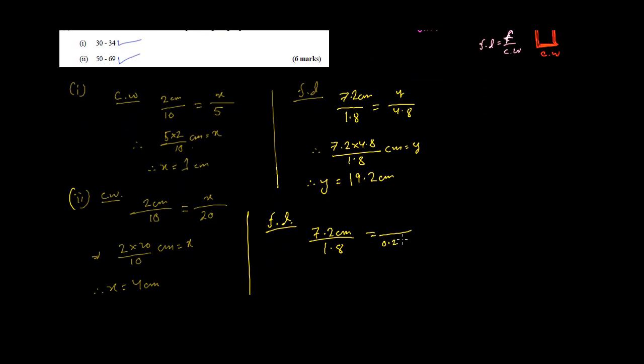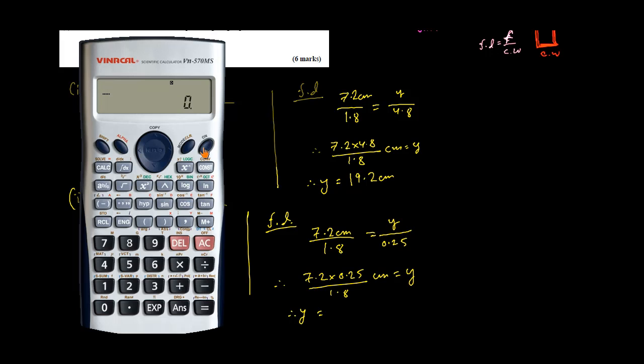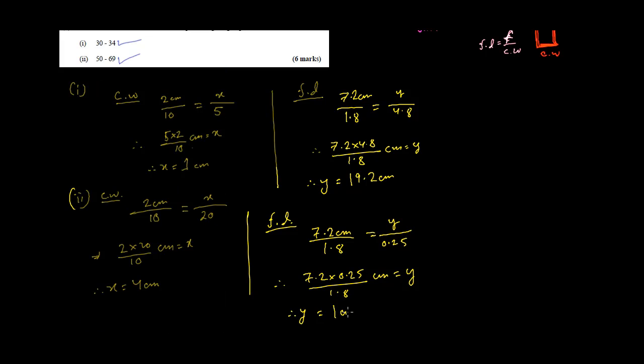So 0.25 is the unit of the frequency density and we need to find the centimeter, the height, the dimension. So 7.2 into 0.25 divided by 1.8 centimeter, that is y. Therefore y equals 7.2 into 0.25 divided by 1.8. It is 1 centimeter.